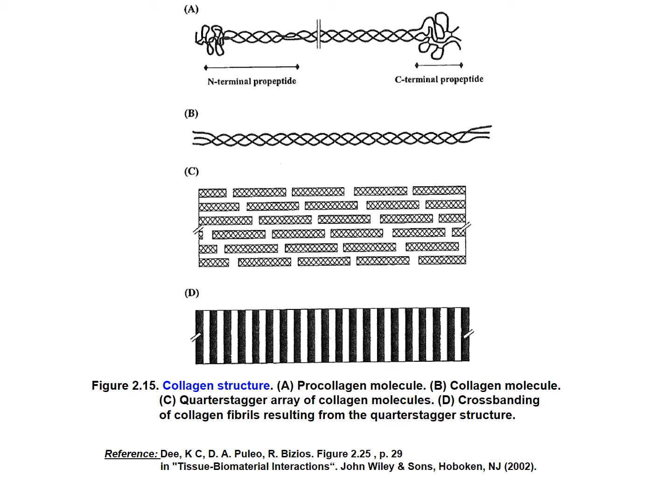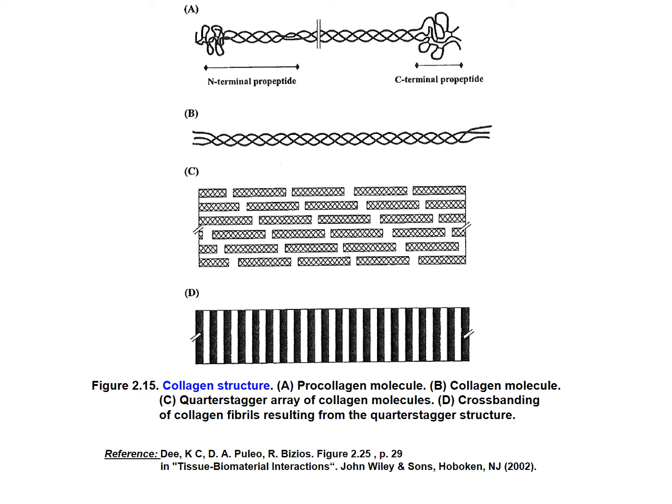Collagen has 3 strands which are interconnected, and depending on what type of microscopy is used to examine the structure, you have the illustrations in frame C and in frame D.